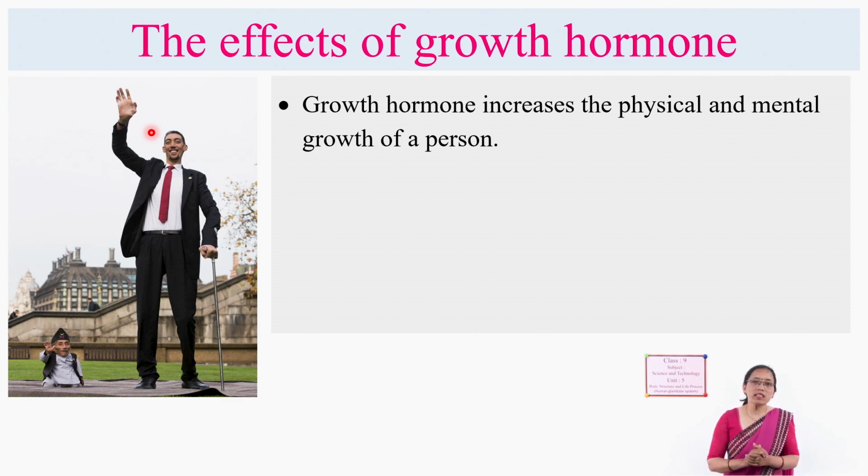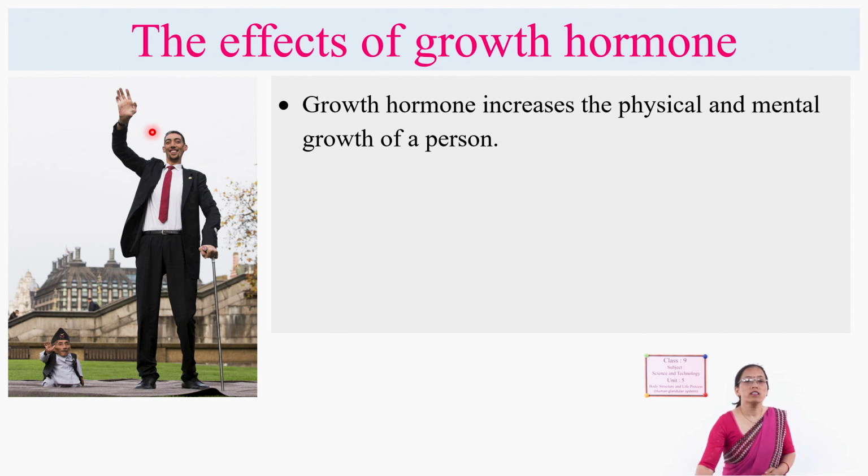But instead of a balanced amount, if it is produced in a high amount or low amount, at that time we can see such types of effects. If growth hormone increases rapidly, if it is secreted in an excessive amount, then the person's growth will be very fast.